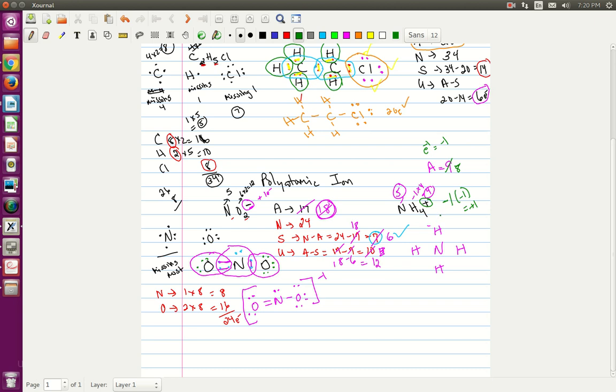Take 1 away. So how many are needed? Well, hydrogen needs 2, and there are 4 of them, so that's 8. And nitrogen, there's 1, and it needs 8, so that's 8. So we need 16.